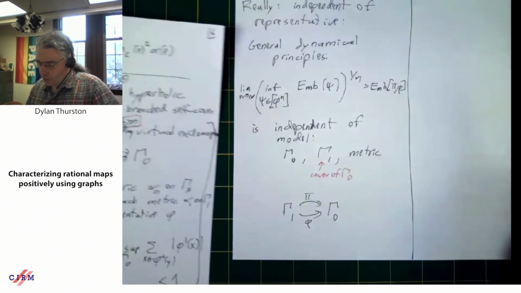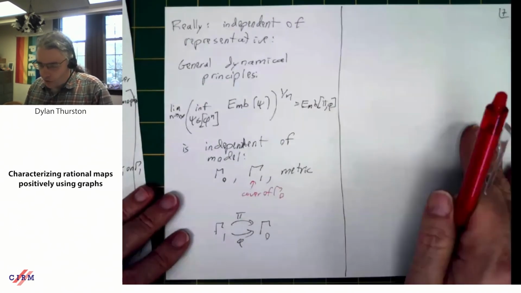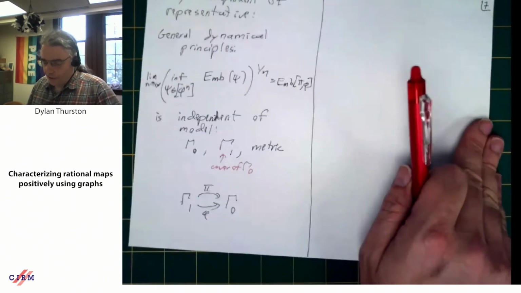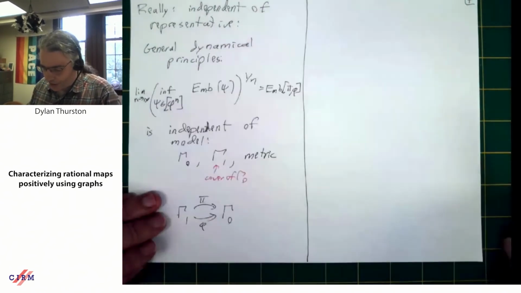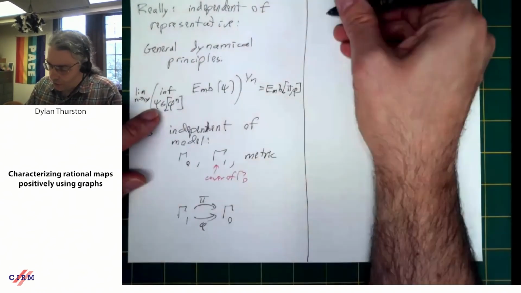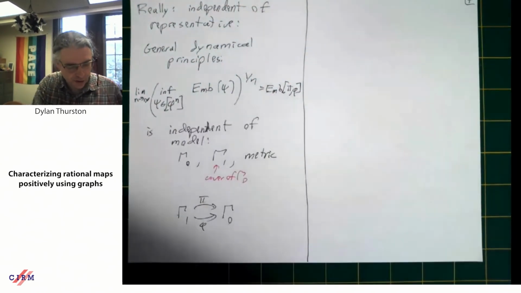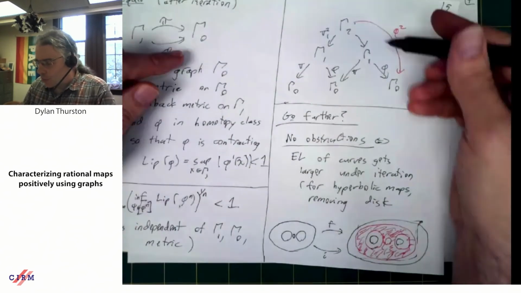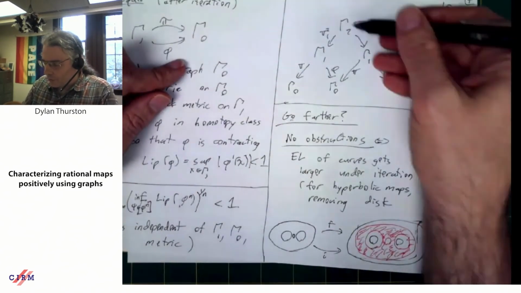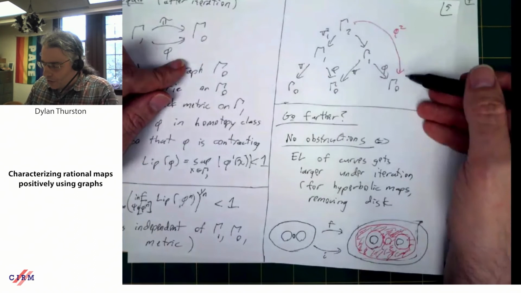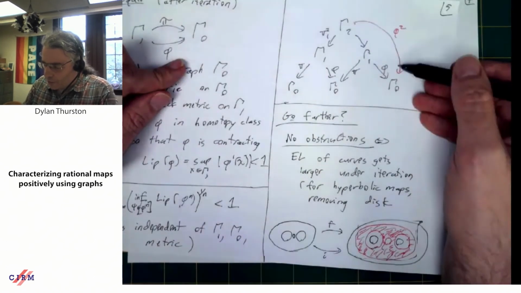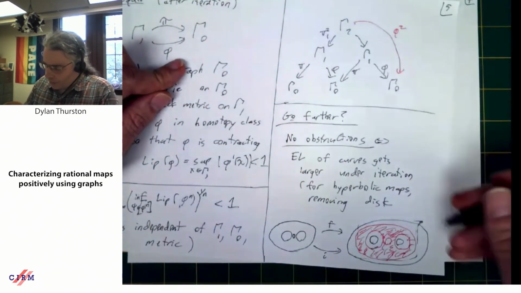Right, so let me go back to this picture here. I'm only interested in the energies of these maps phi, but in order to define this map, I also needed the map pi.